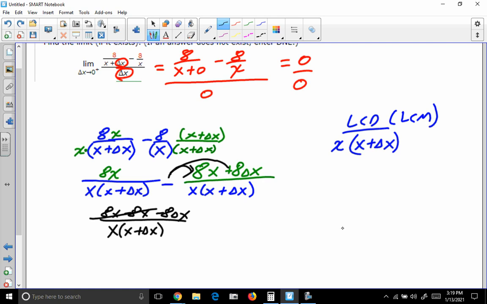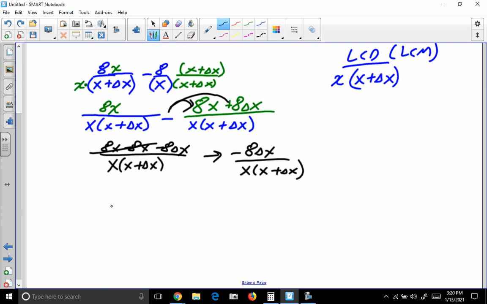So the 8x's cancel. So when we combine the terms on top, we get minus 8 delta x over x times x plus delta x. So that's minus 8 delta x over x times x plus delta x.